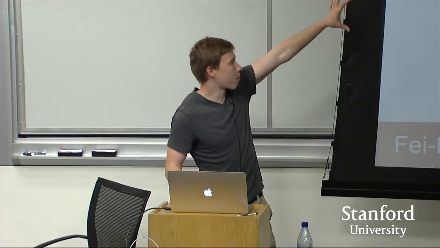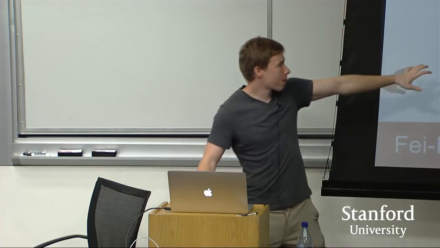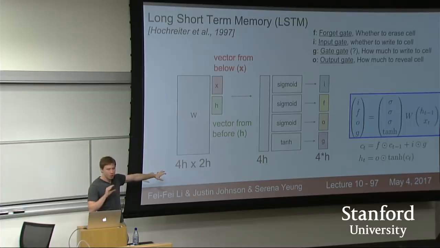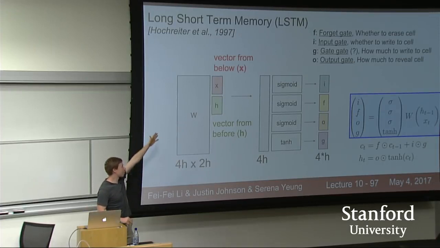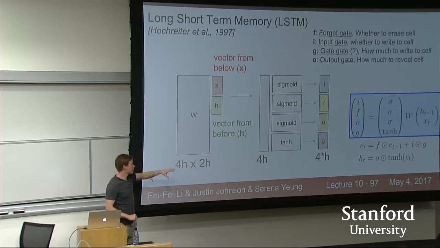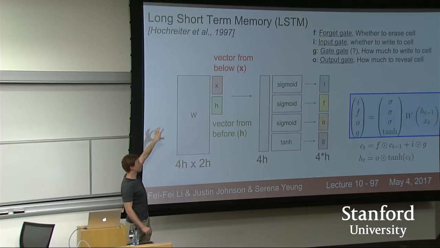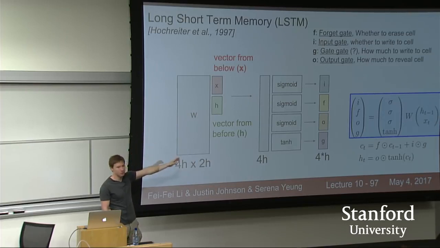So they're coming from different parts of this weight matrix. If our x and our h all have dimension h, then after we stack them, there'll be a vector of size 2h. And now our weight matrix will be a matrix of size 4h times 2h. So you can think of that as having 4 chunks of this weight matrix, and each of these 4 chunks is going to compute a different one of these gates.